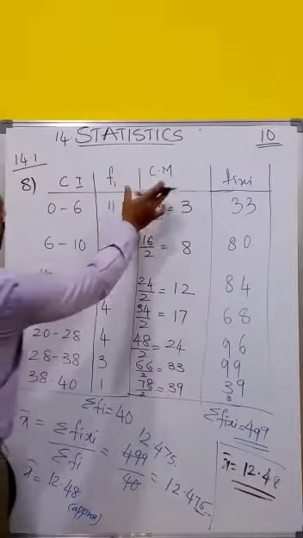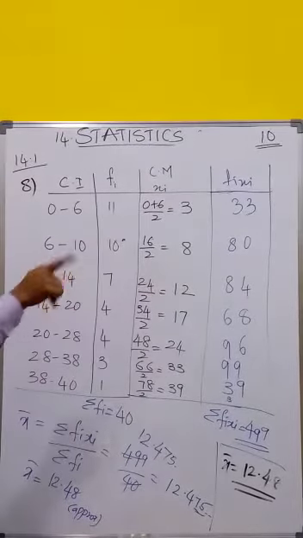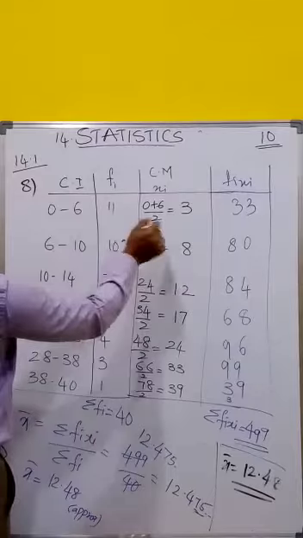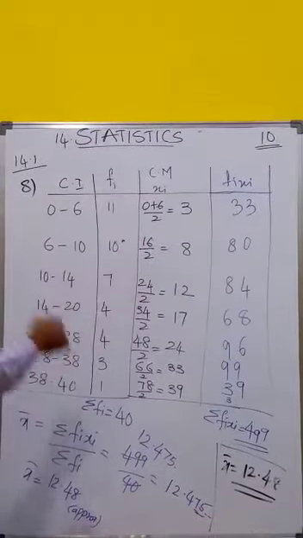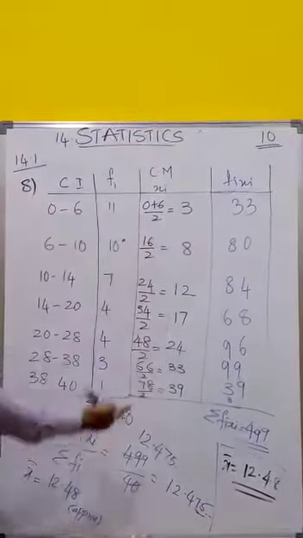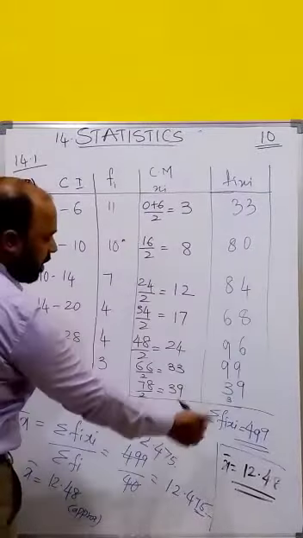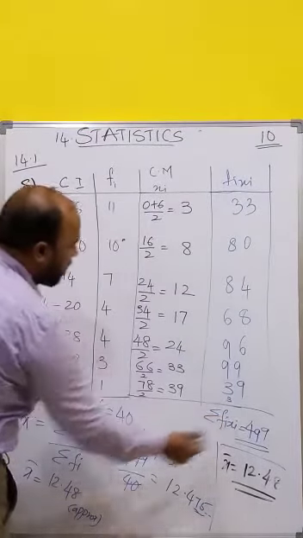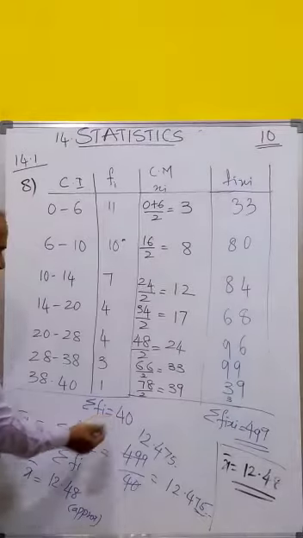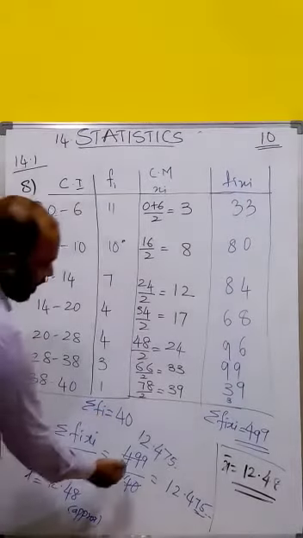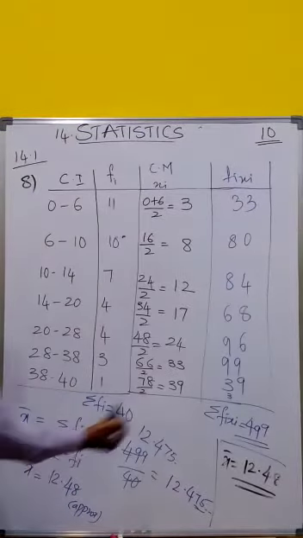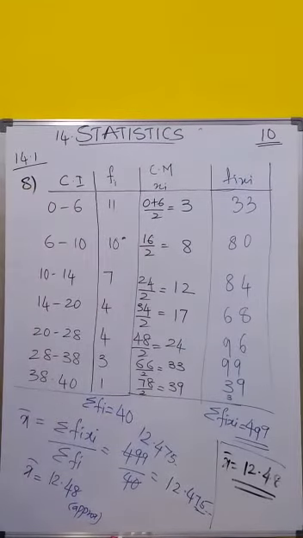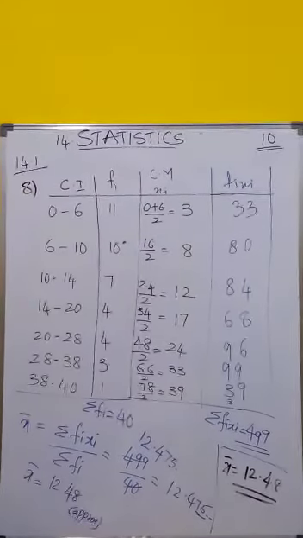Before, in previous sums, we directly added the class size, but here each and every term we have to find. Then, the normal way, fi xi up to sigma fi xi, find sigma fi, then apply in the formula. You will get it directly. The mean is approximately 12.48.